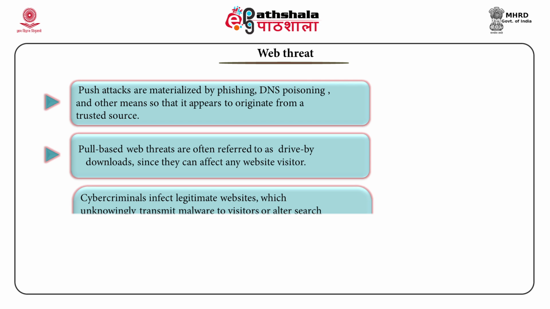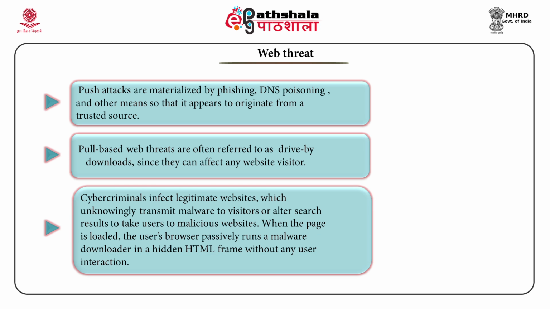When you try to download something, the cyber criminals place malware on that link, you will download that malware, and when the page is loaded, the user's browser passively runs a script, a malware downloader runs a hidden HTML frame without the user's knowledge, and then the user's machine goes down.